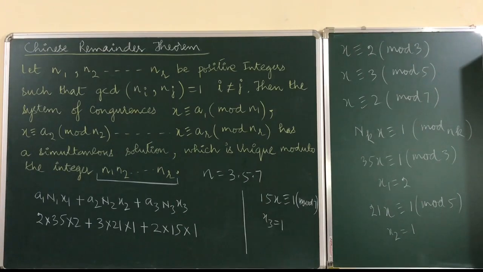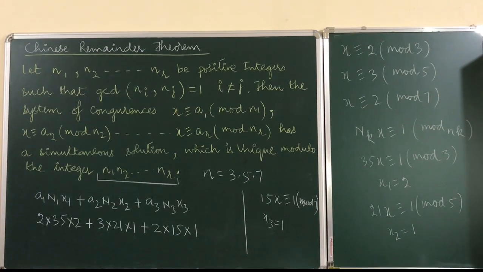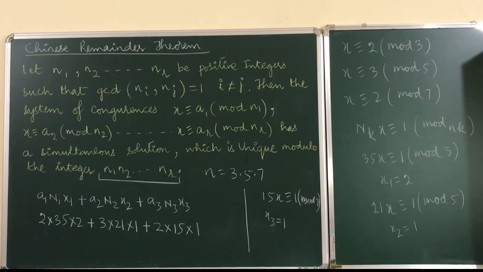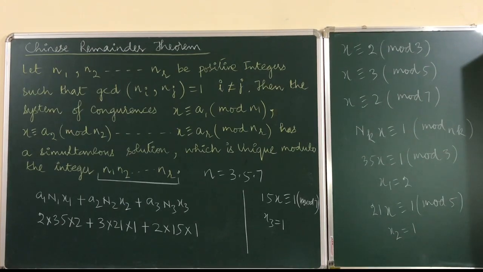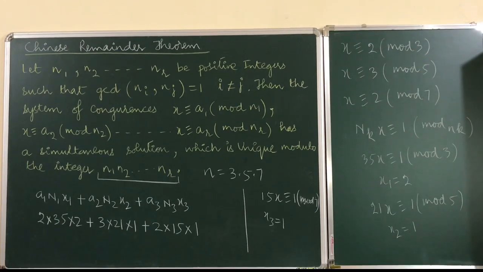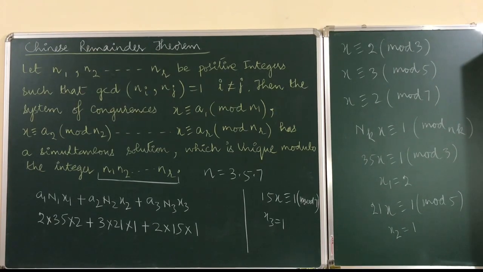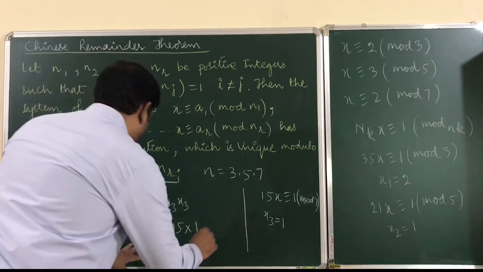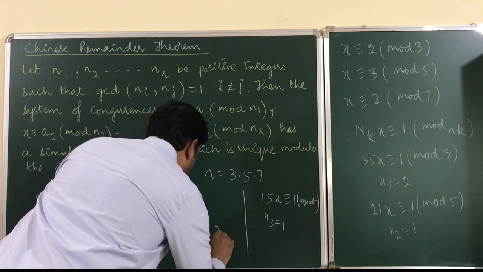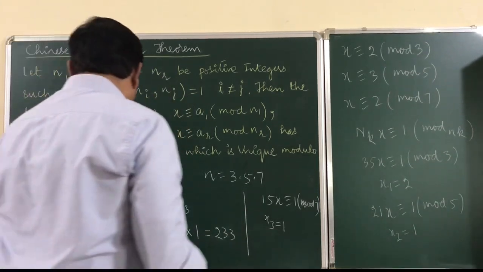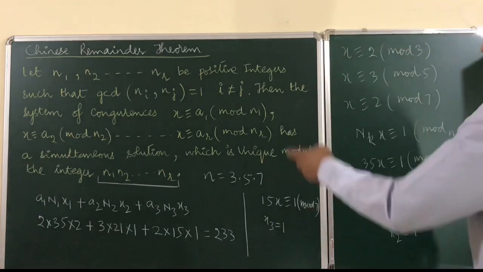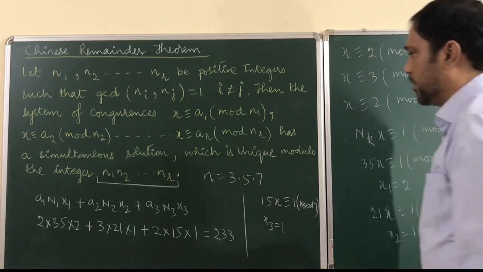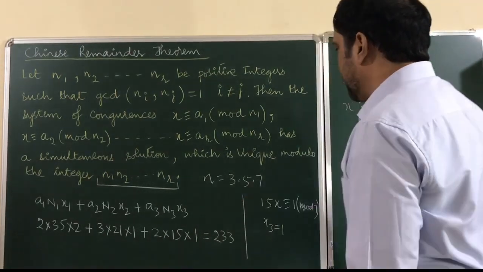So if we simplify this, we get 140, then 63, and 30. So 140 plus 63 plus 30 will become 233. Now n1 times n2 times n3 is 105.